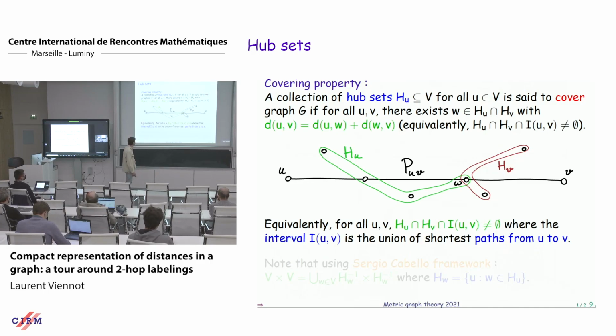So as I said, equivalently, you could say that the covering property asks that for each pair of nodes U, V, the intersection of the hubs of U, the hubs of V, and the interval UV is non-empty.